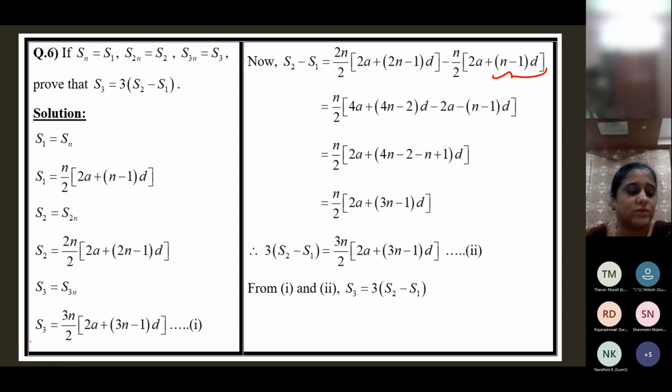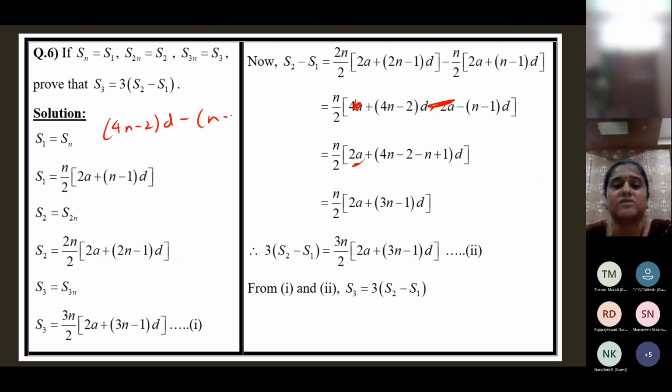Now, as always, group the a's and d's. So this one has a, 4a minus 2a is 2a. Now we have 4n minus 2 into d and n minus 1 into d. How do you simplify that? 4n minus 2 into d minus n minus 1 into d. So that means d is common.